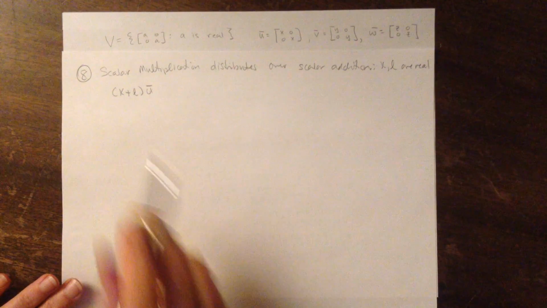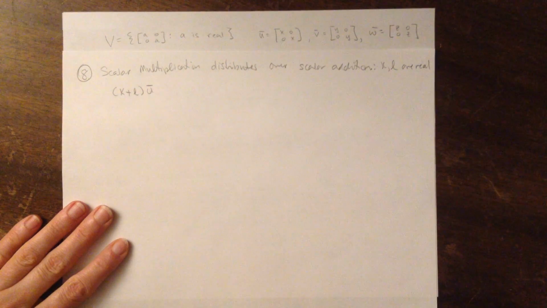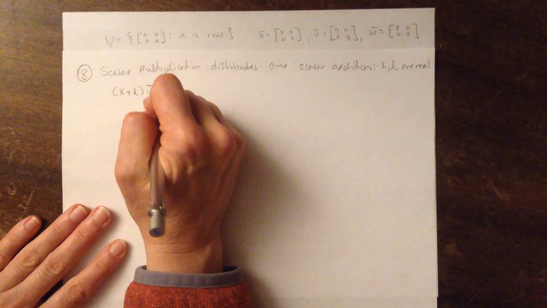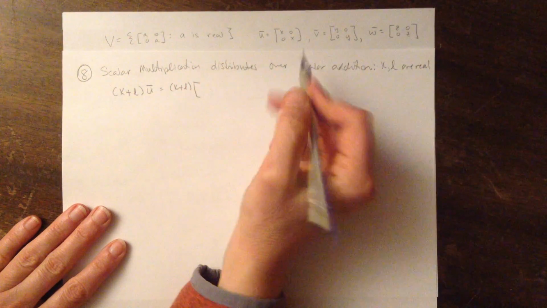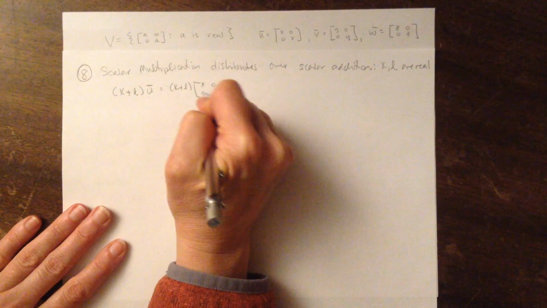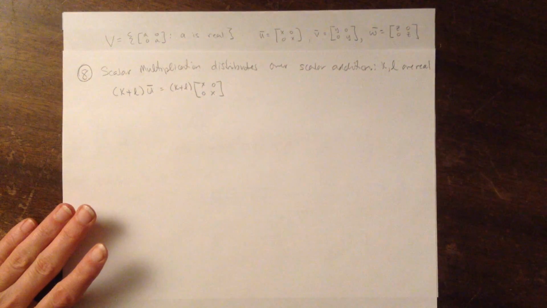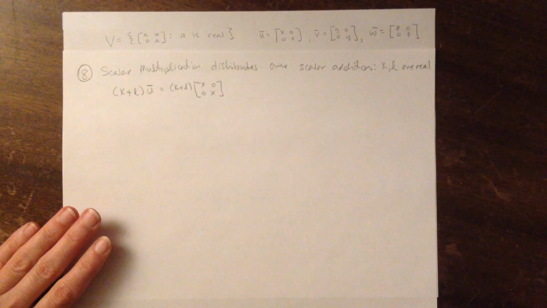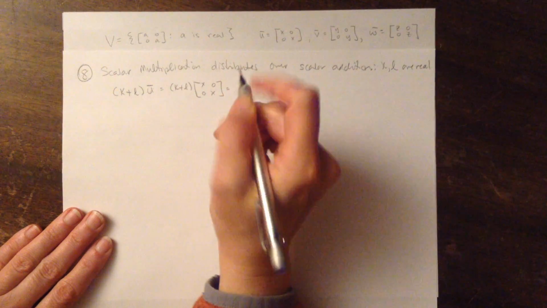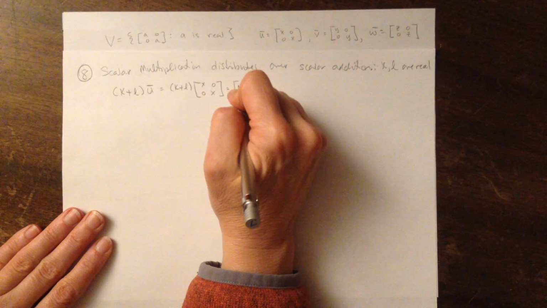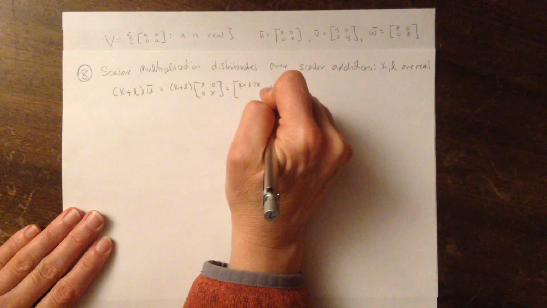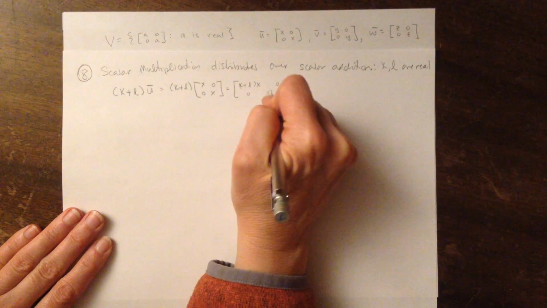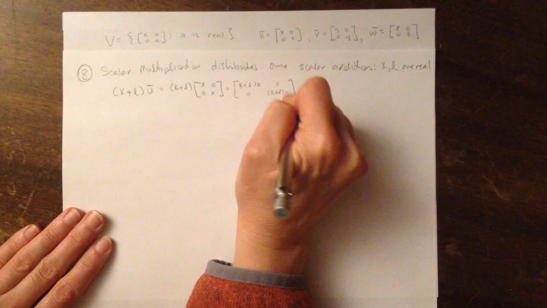Here we have 2 scalars added together multiplying by 1 vector. So it's a similar but different situation. So I have the k plus l, and I want to multiply by u, which was x, 0, 0, x, which is going to be k plus l times x, 0, 0, k plus l times x.